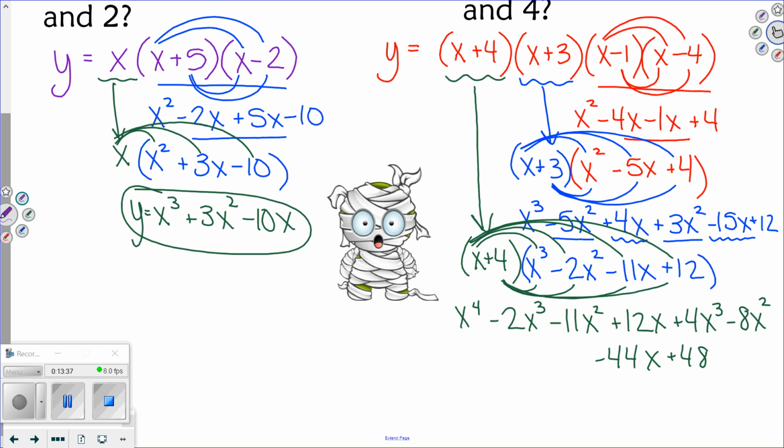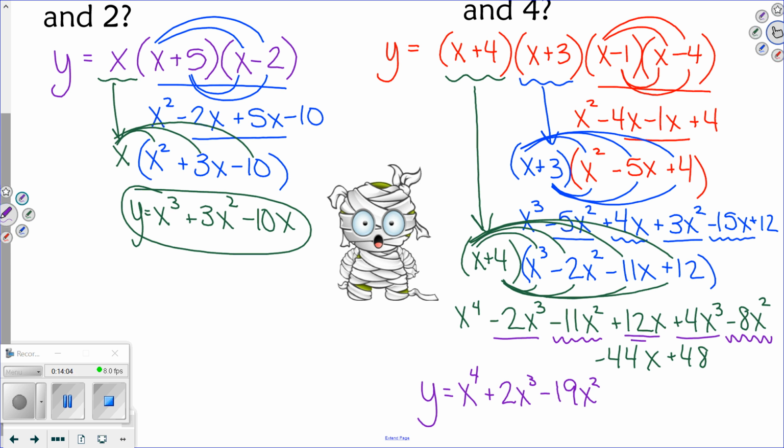All right. Do we have any like terms? We better, otherwise that thing's huge. All right, so we have x to the 4th, and then negative 2x cubed plus 4x cubed, 2x cubed. Negative 11x squared minus 8x squared, good, negative 19x squared.